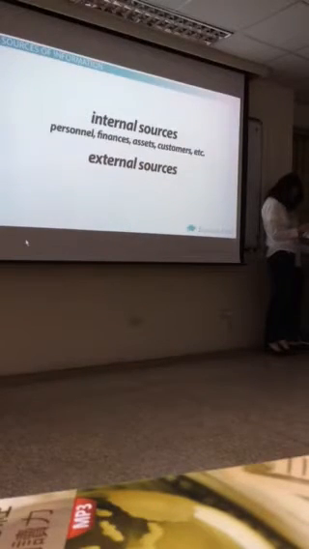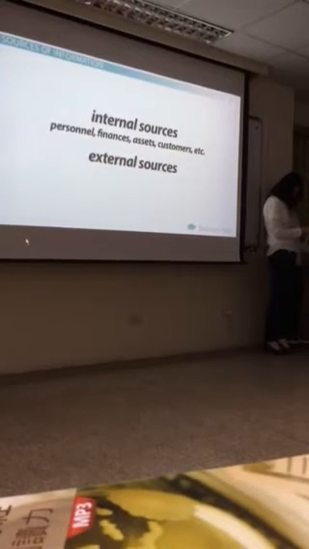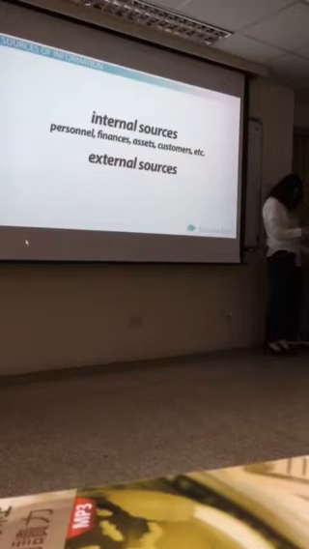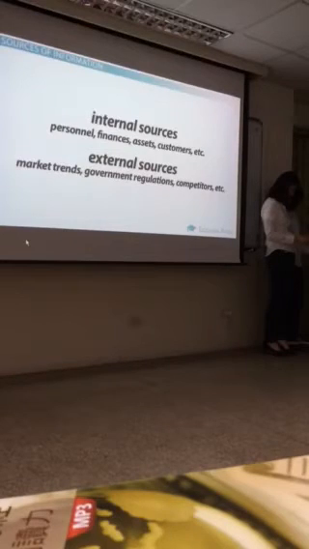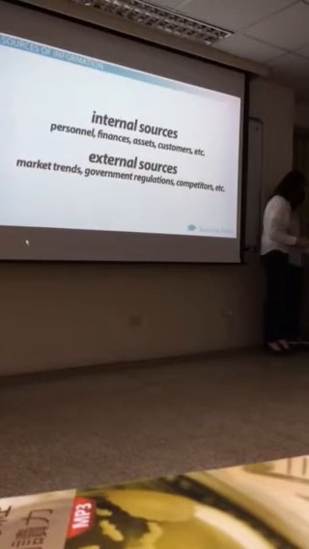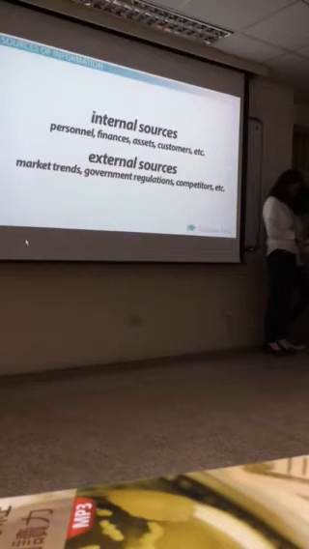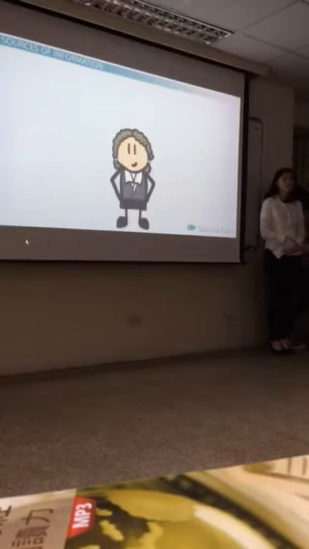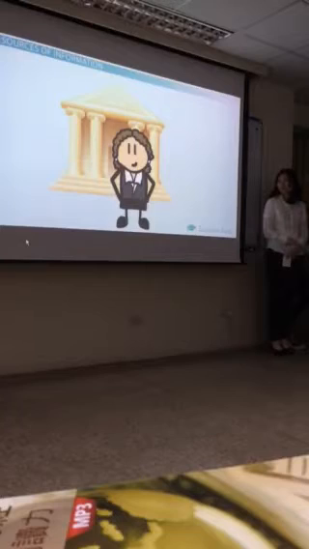Internal sources consist of all the various databases within an organization, such as those related to personnel, finances, assets, customers, etc. External sources consist of the various factors that influence how an organization operates, such as market trends, government regulations, competitors, etc. How this information is used is best illustrated using an example. Consider a bank which provides loans to customers.